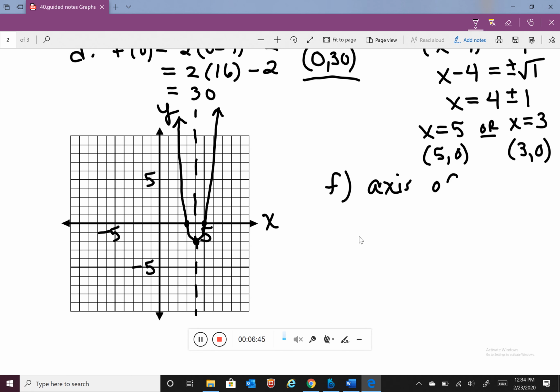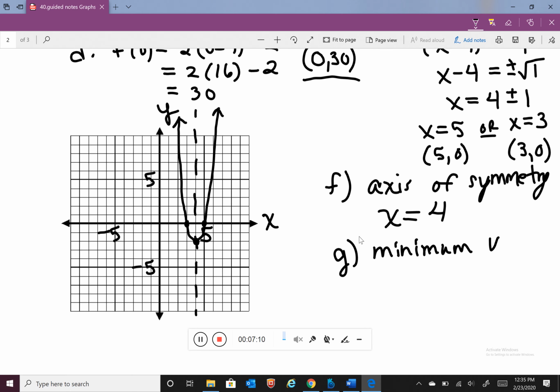So the axis of symmetry is that vertical line, and it is x equals, and it's always the x coordinate of our vertex, so x equals 4. And then this parabola opens upward, therefore the vertex is the minimum point. And so the minimum value is our y value of our vertex, so y equals -2.